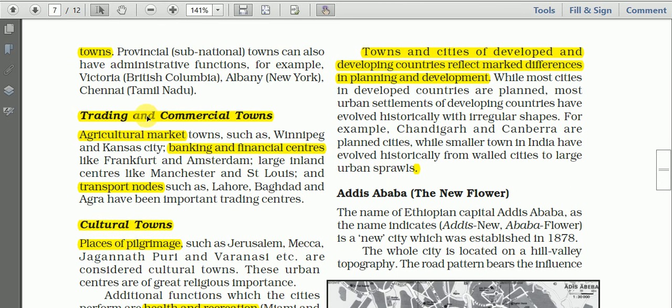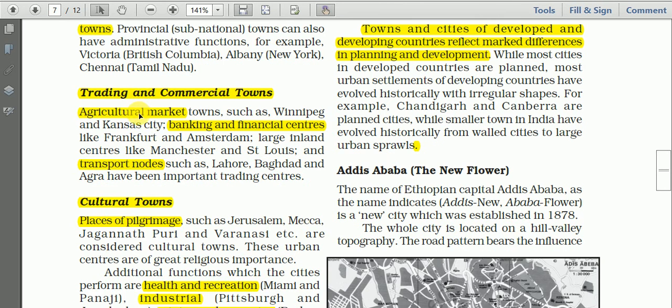Next we have trading and commercial towns. Here, see agricultural markets. This is a subtype of trading and commercial town. Agricultural market towns perform the function of agricultural marketing, such as Winnipeg.